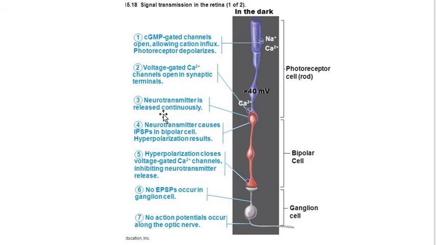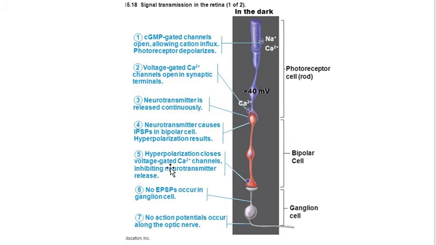The neurotransmitter is released continuously, and so it causes hyperpolarization. IPSP stands for inhibitory postsynaptic potentials, all right? Since they're inhibitory, we find that there is hyperpolarization.